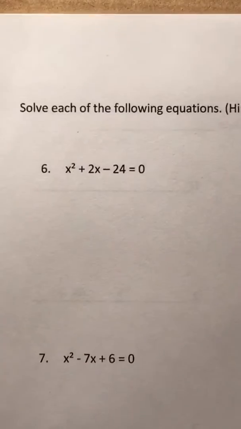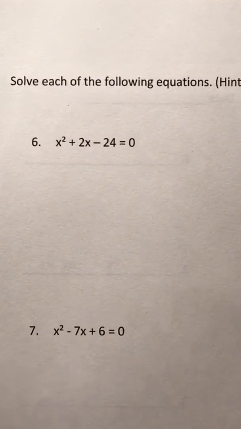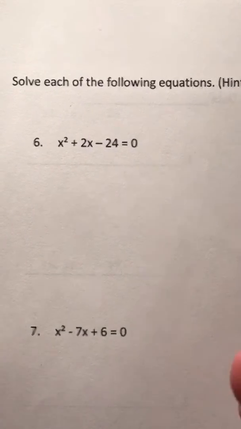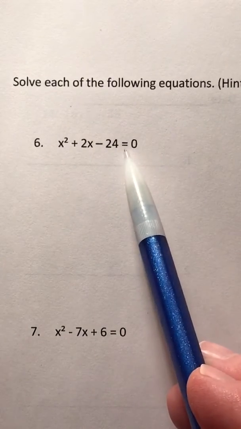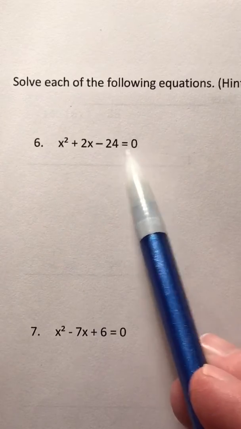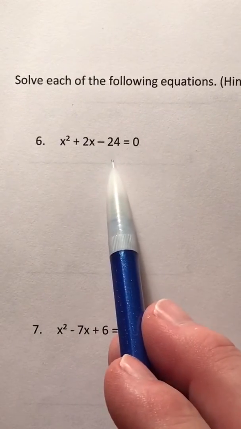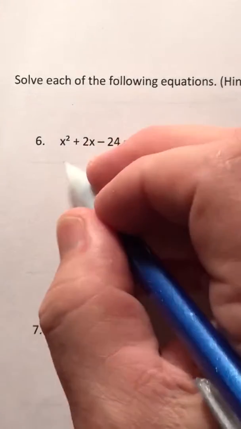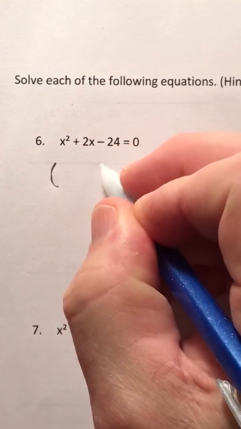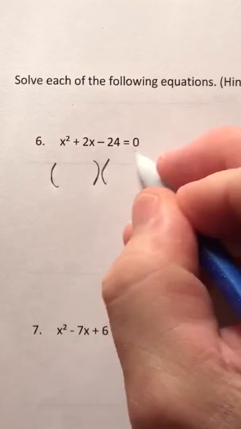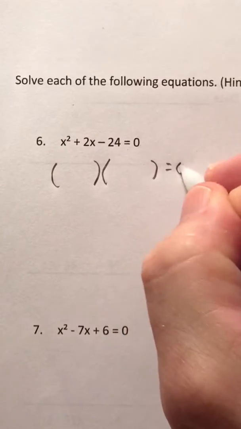All right, this next page, we're not only factoring them out, but now we're solving them, because now we have an equal sign and it's equal to 0, because we need a 0 on one side. So this one should be fairly easy. We're going to do two sets of parentheses, because there's no leading coefficient on this one, equals 0.